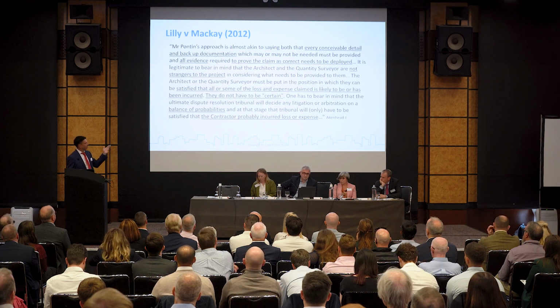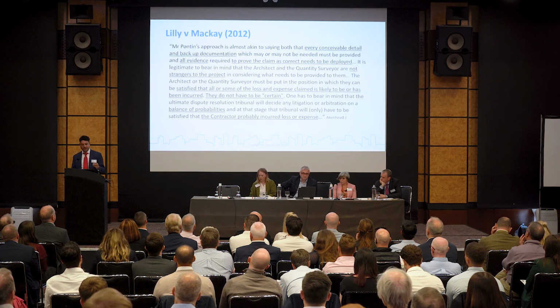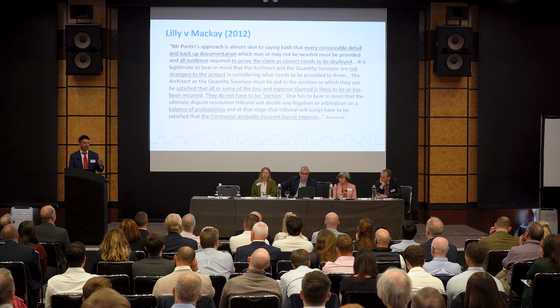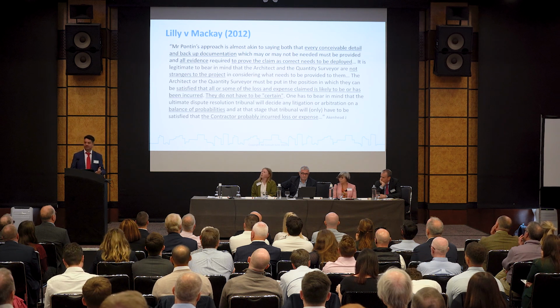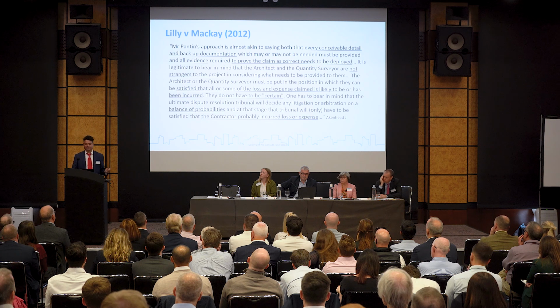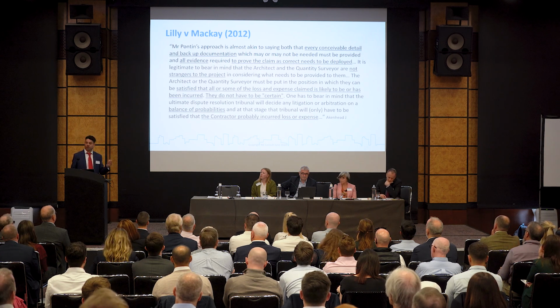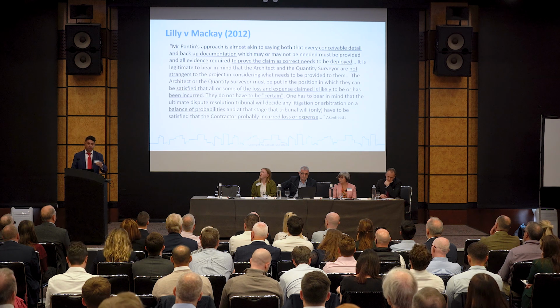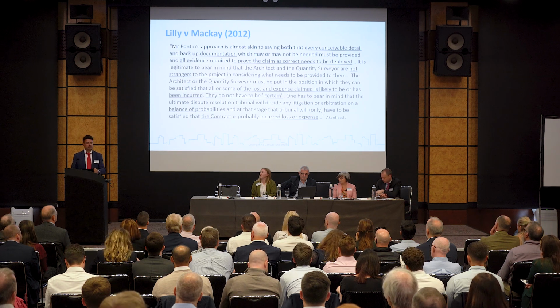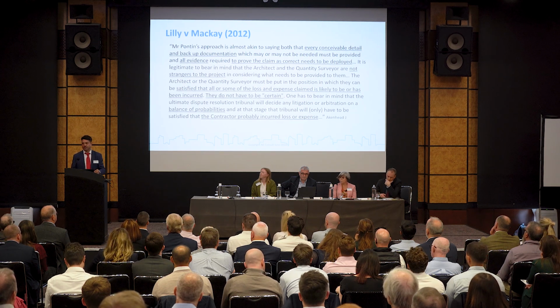And for me, I like the expression that the architect and the quantity surveyor apply equally to the project manager, not strangers to the project. You're involved in the project day to day. You know what's gone on. You know what's happened and why. Yet when it comes to assessing compensation events, we just base our decisions on what we see within the four corners of the submission.